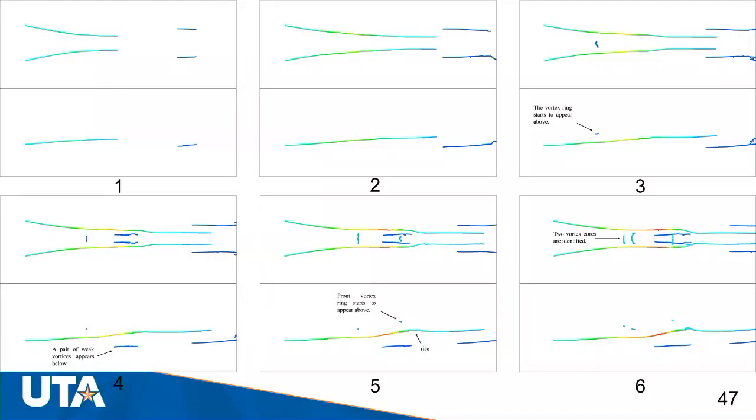And then you can see at the beginning the line is some kind of straight line, but here there is a fold, right? Here is a fold. At the time it rises up, the fold becomes severe, and we also notice another initial stage of the vortex ring, and then we find two vortex rings near it, right?